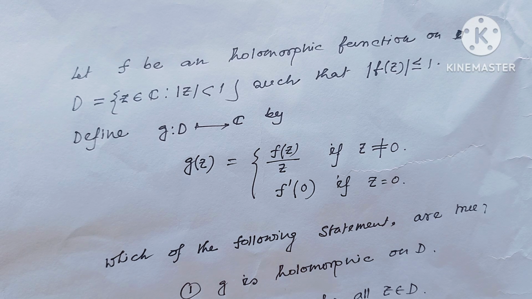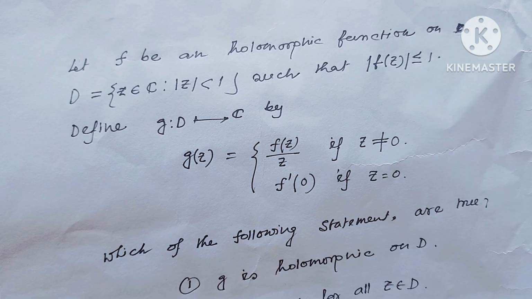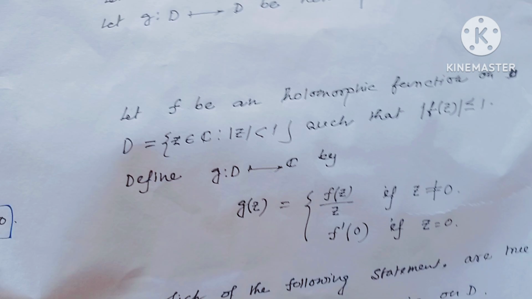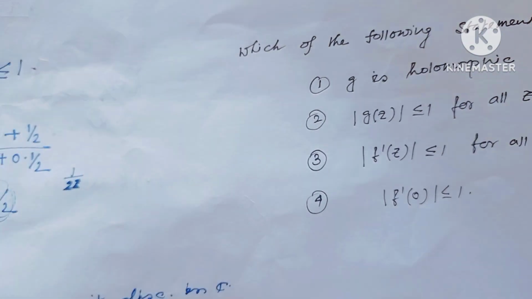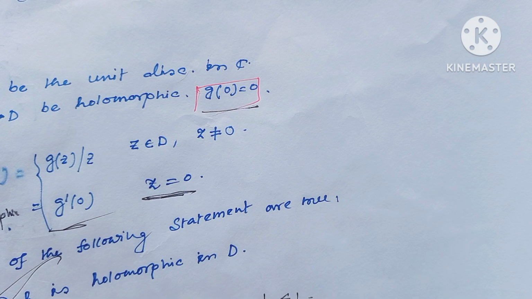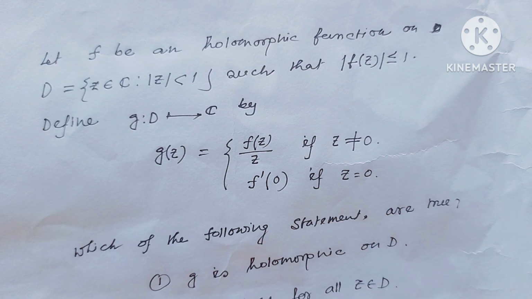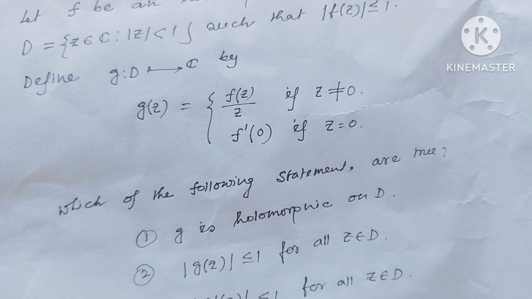Obviously, the earlier example and this example are the same. The only difference is that in the earlier example, g(0) equal to 0 was given, but here g(0) equal to 0 is not given. That means this breaks the condition of the Schwarz lemma, because in the Schwarz lemma f(0) equal to 0 is always given.